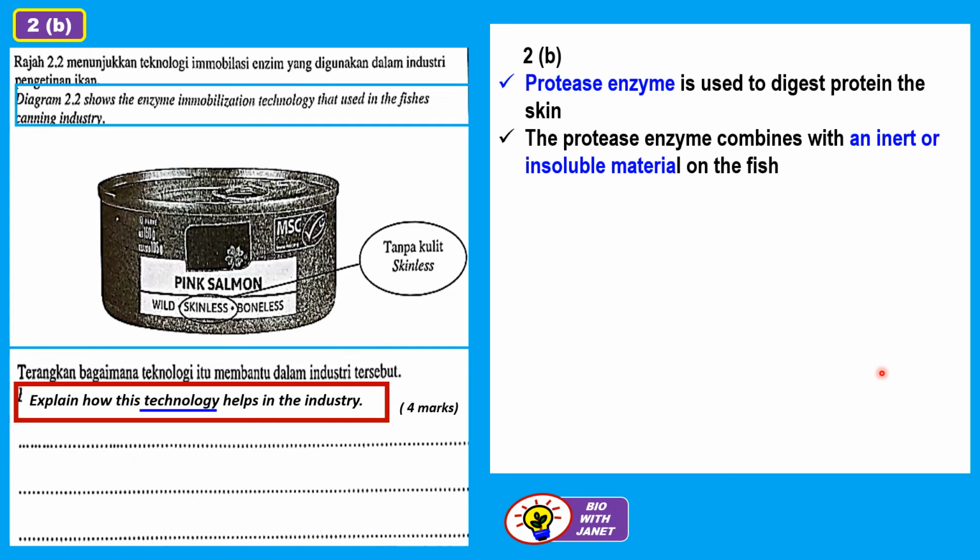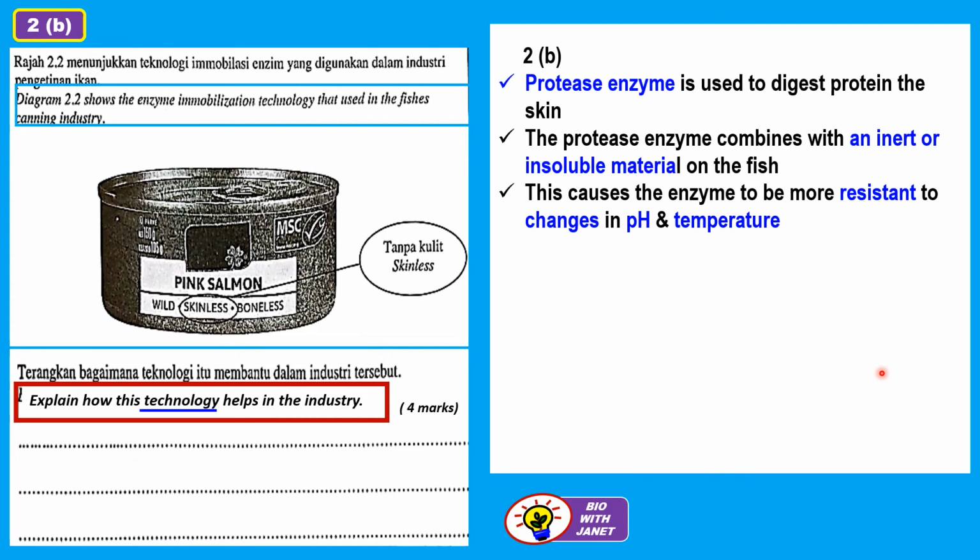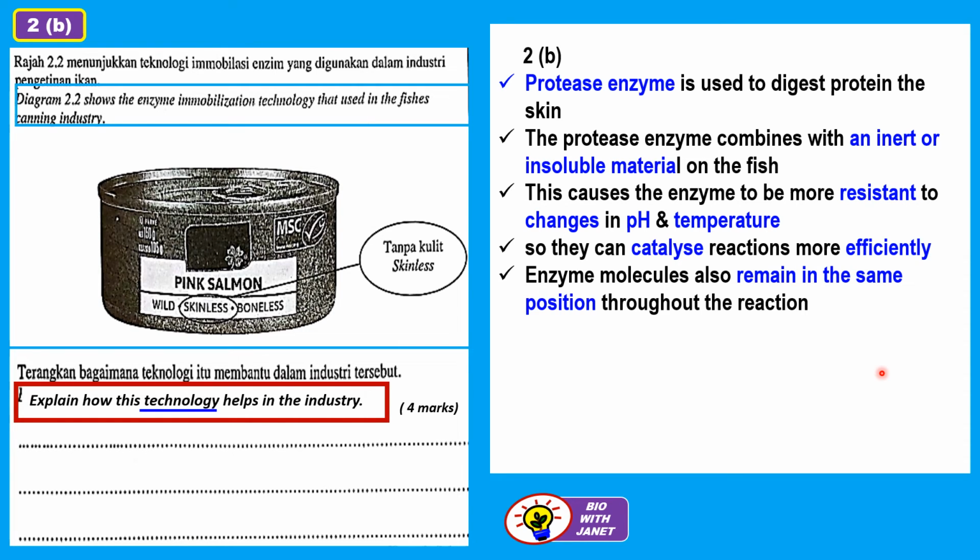This causes the enzyme to be more resistant to changes in pH and temperature, so that it can catalyze reactions more efficiently. Next, enzyme molecules remain in the same position throughout the reaction. So the protease will break down the protein in the skin. This must be mentioned. That's how we get the skinless pink salmon.